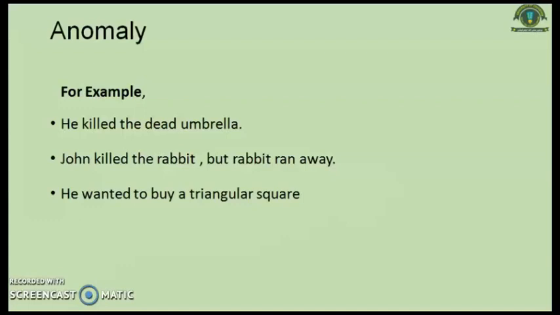A sentence that is syntactically well formed but semantically meaningless is known as an anomalous sentence. Just as in the example, he killed the dead umbrella, is giving us meaninglessness. Therefore, it is semantically meaningless. So it is an example of anomaly.